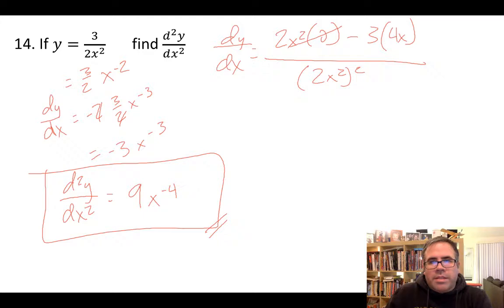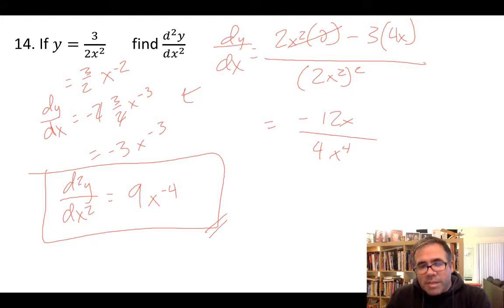Which cancels out because it's 0. You get negative 12x over 4x to the fourth. So I don't recommend using the quotient rule here because this is much easier. But if you happen to use the quotient rule, that's fine.